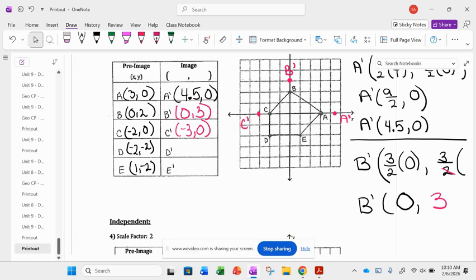So now you just multiply across. 3 times 1 is 3, but 2 times 1 is 2. So it's 3 over 2. Then you gotta make 3 over 2 into a decimal.